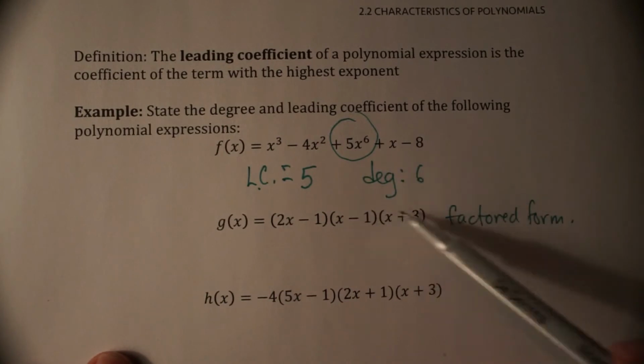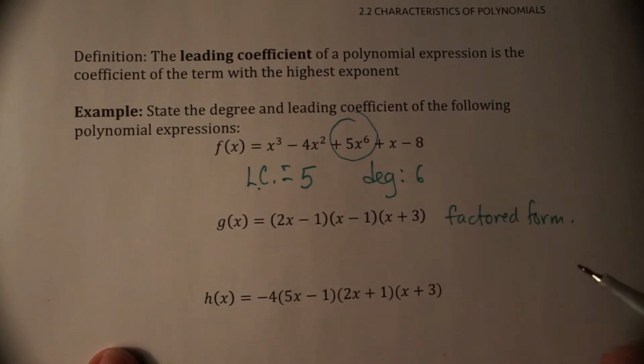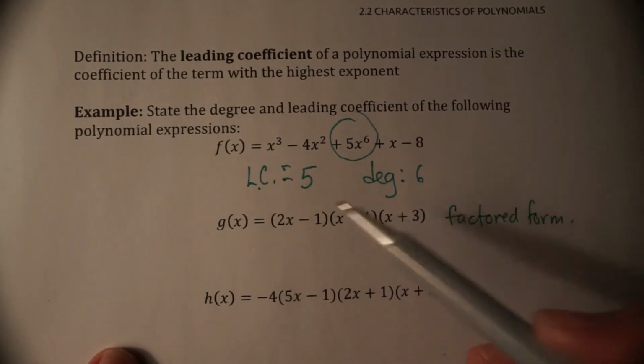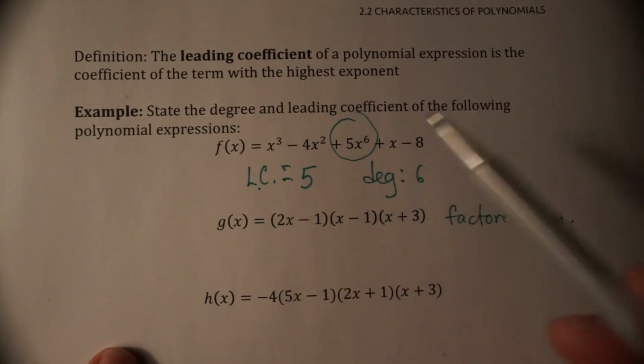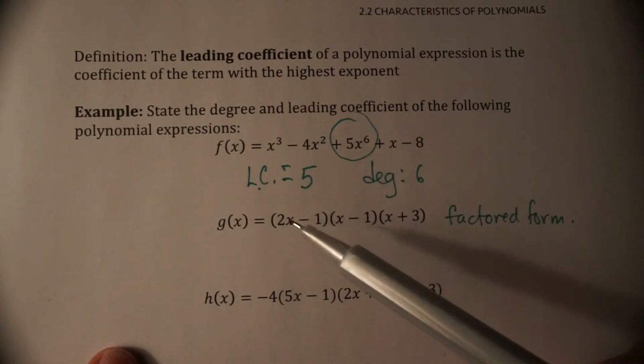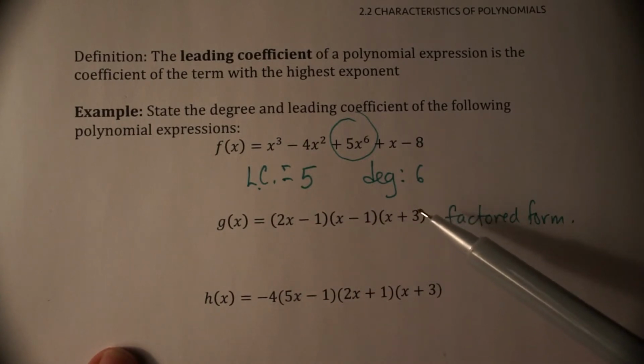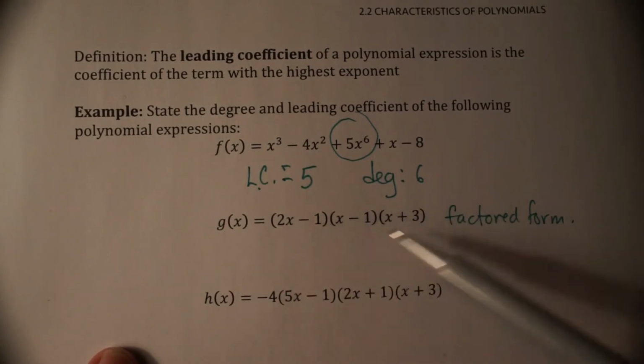That's quite a job. I'd have to multiply these two out, simplify, then multiply it out, and then simplify it just to find the highest term. I don't want all of the terms, I just want the highest power. But since it's three things multiplied together, if I take the highest powered term in each bracket and multiply it together, then that is definitely going to be the highest term overall.